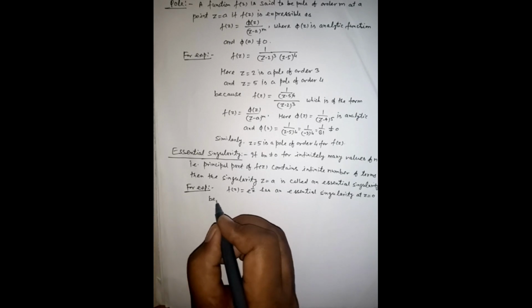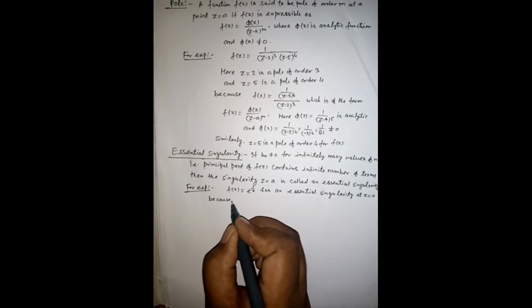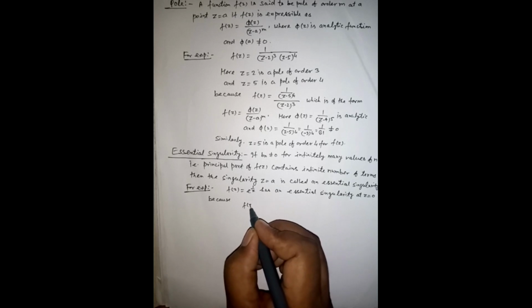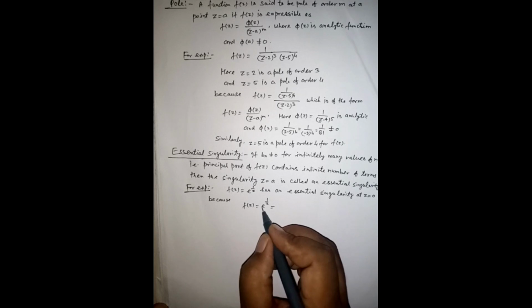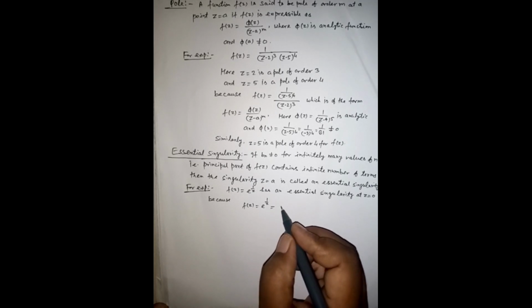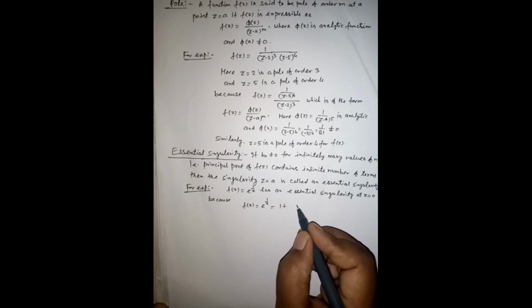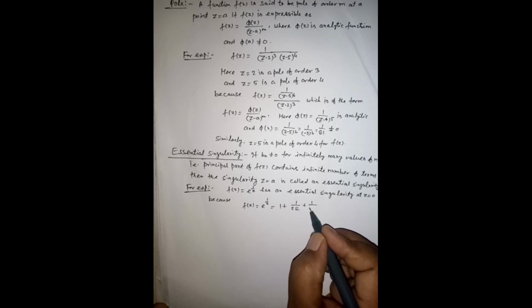Because f(z) equal to e power 1 by z, by the expansion of e power 1 by z, we write 1 plus 1 upon z factorial 1 plus 1 upon z square factorial 2 plus 1 upon z cube factorial 3 plus and so on.